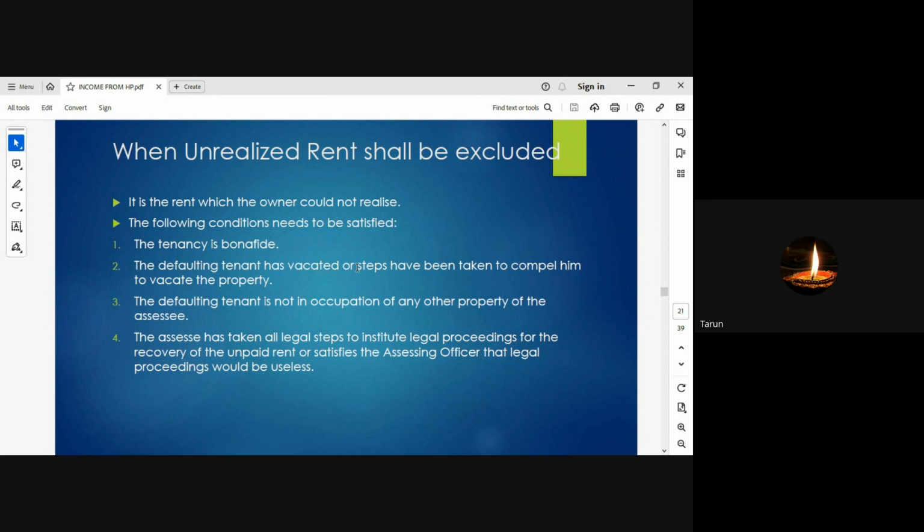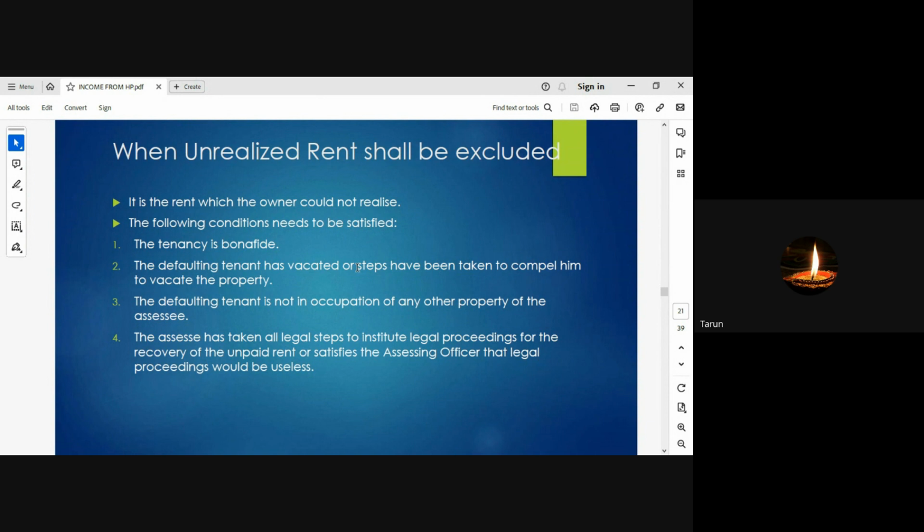So it is very important to understand which items are to be included in unrealized rent or not. So these are the items. It is the rent which the owner could not realize. Any rent the owner couldn't realize may or may not be excluded; it depends upon the conditions which need to be satisfied.